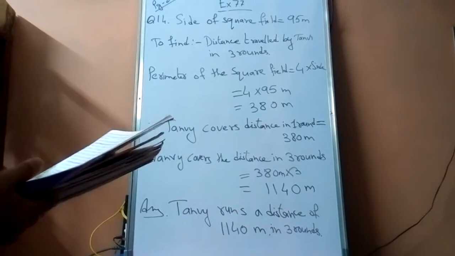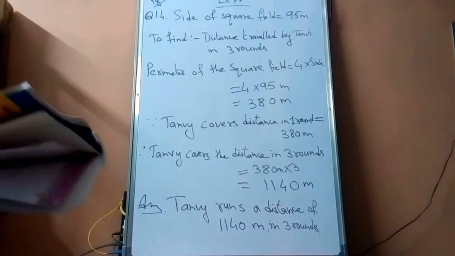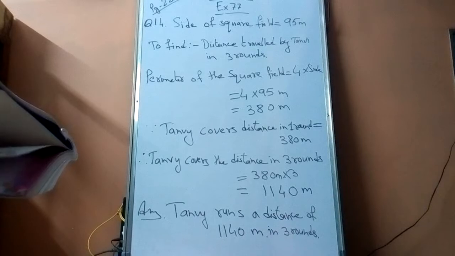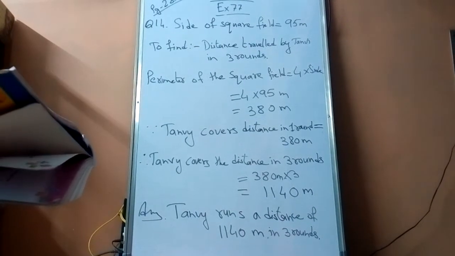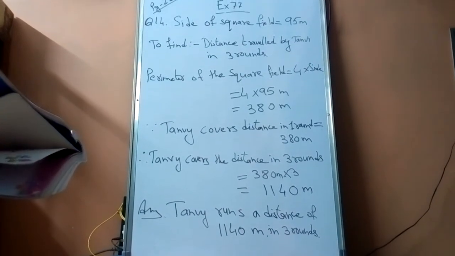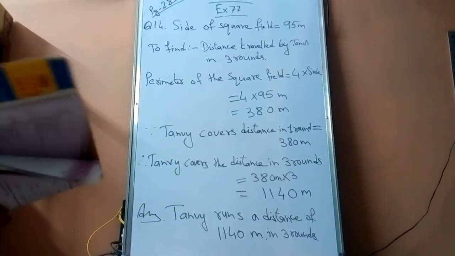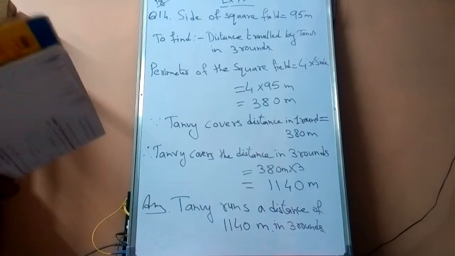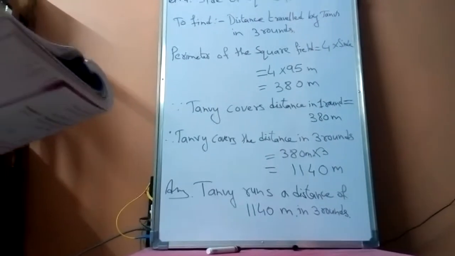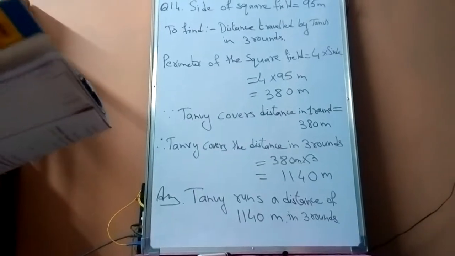Now come to question number 15. The total length of the fence around the square field is 308 meter. Find the length of each side of the field. Now this one, the perimeter is given, you have to find the length of one side.